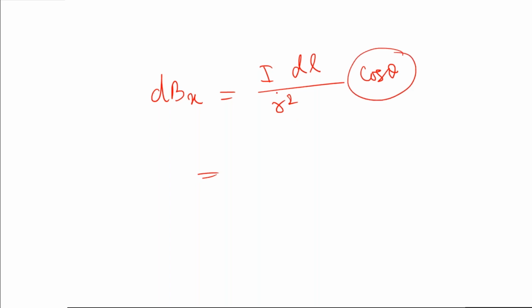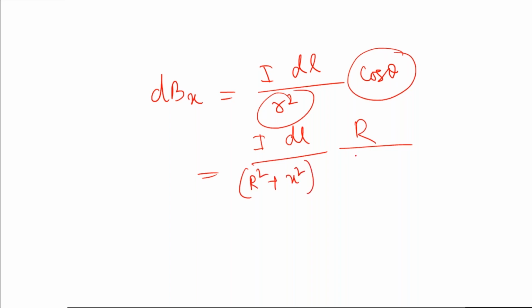Okay, look, so what I get, dBx along the x direction, I dl, which I already had, and then cos theta. In place of cos theta, I can just replace this value: cos theta means R by what we have got, this is root over R square plus x square, and this is R square plus x square whole to the power half.